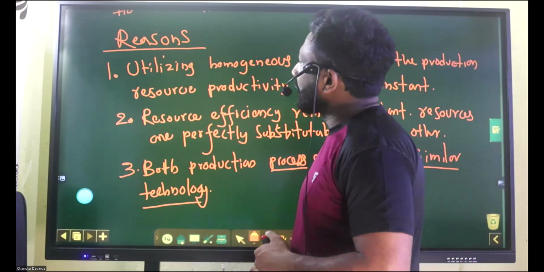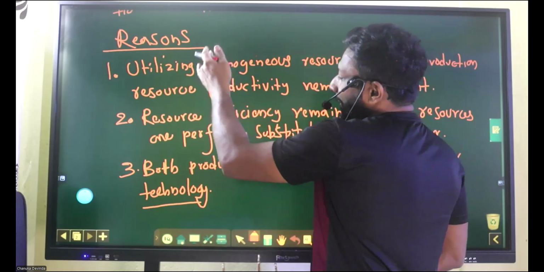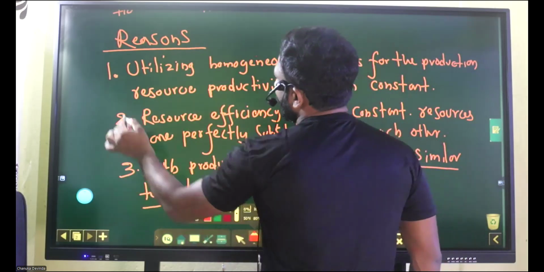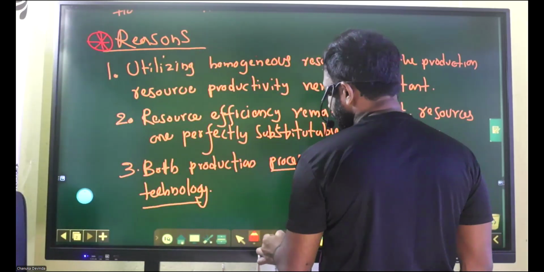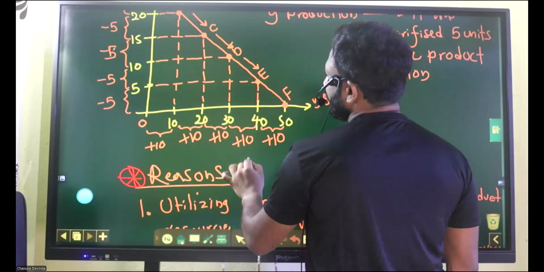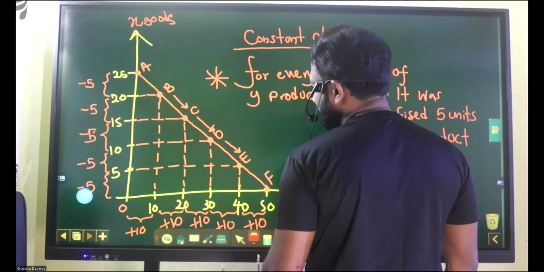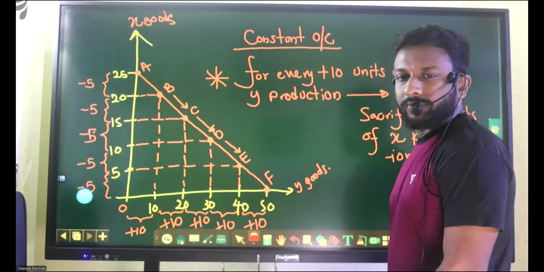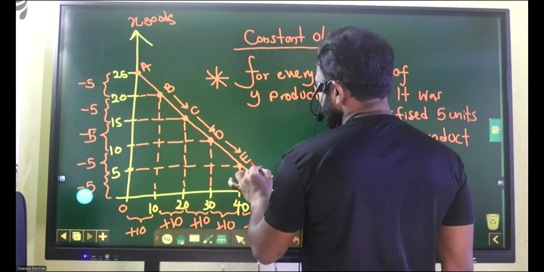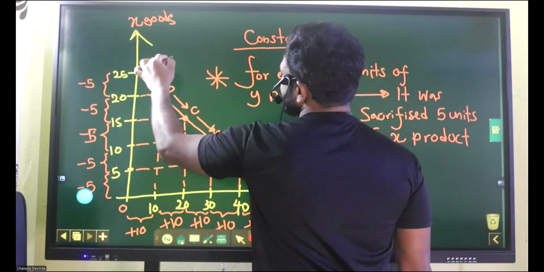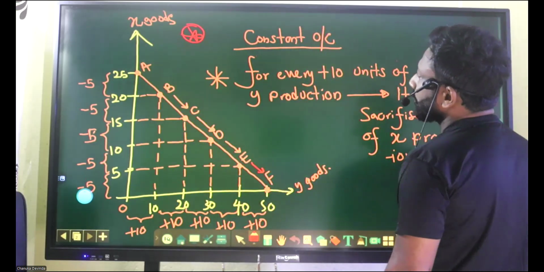Okay, that's the end of constant opportunity cost. Here, what we need to identify, the important points are reasons for constant opportunity cost, and what is constant opportunity cost, how to represent it through the production possibility curve, right? So that is important. What is constant opportunity cost?